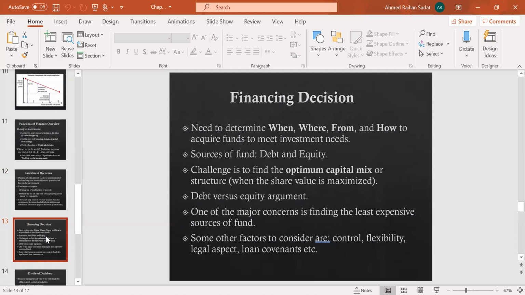So, in both extreme cases, the share value might go down and the value of the wealth might go down. We can't let that happen because the ultimate goal of management is to maximize the share value, or the wealth. That's why you need to make a good capital mix which serves the purpose.